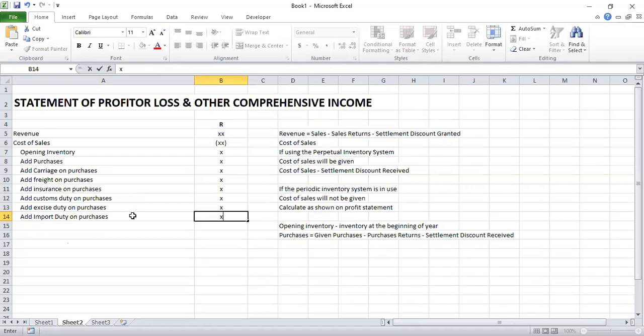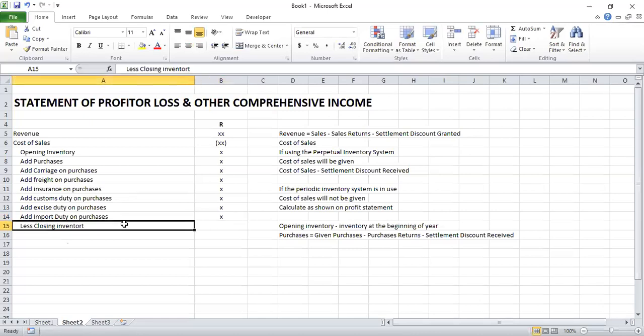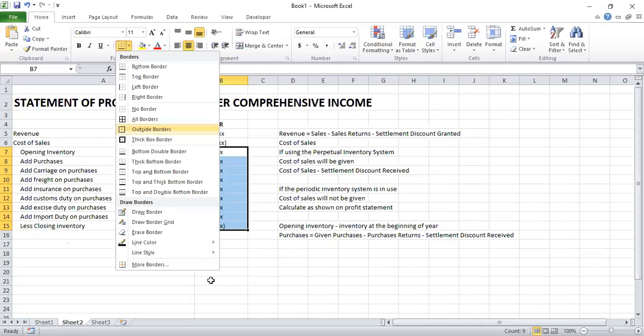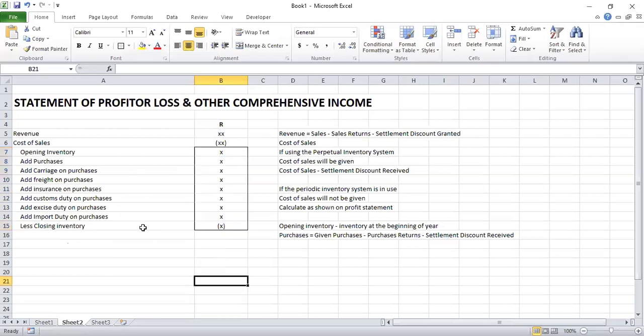Right. Then after adding everything, we subtract our closing inventory. Right, so we subtract our closing inventory.